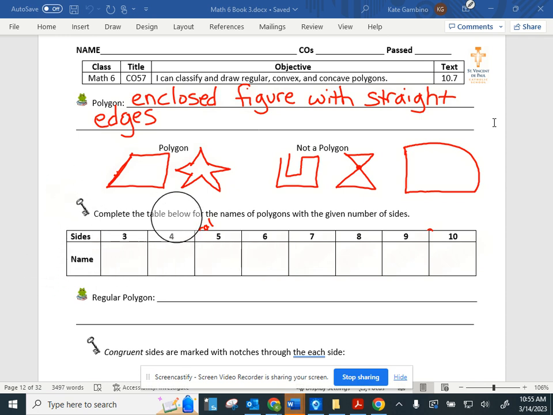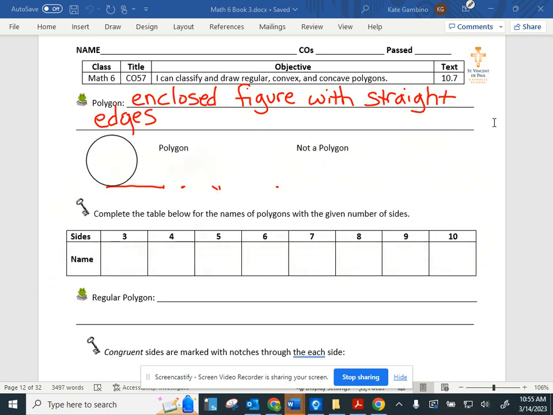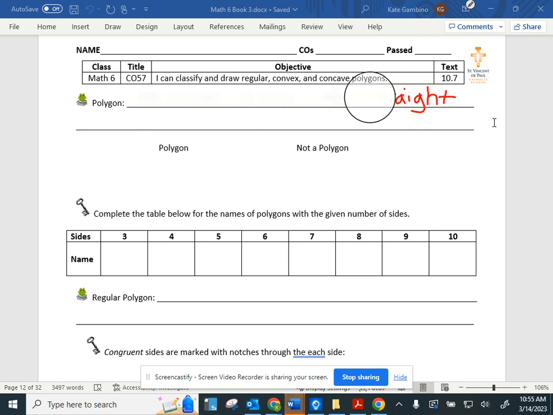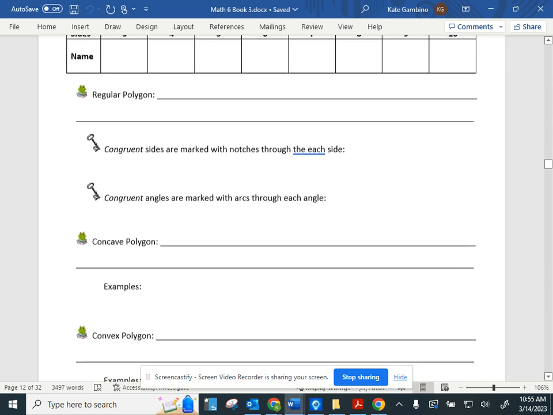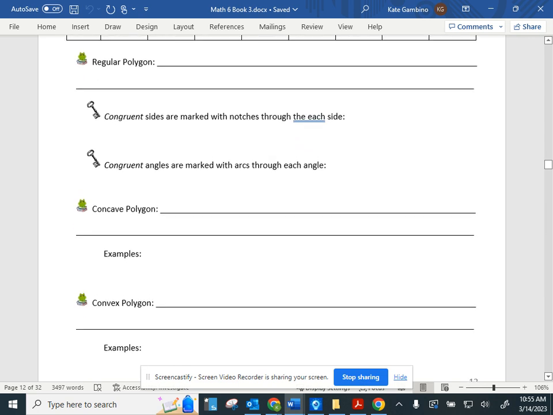All right. Let's scroll up. So, we talked about a polygon is an enclosed figure with straight edges. Now we have a regular polygon.